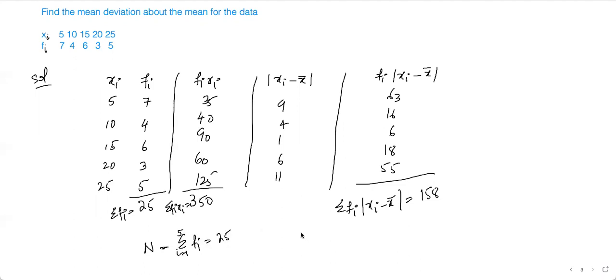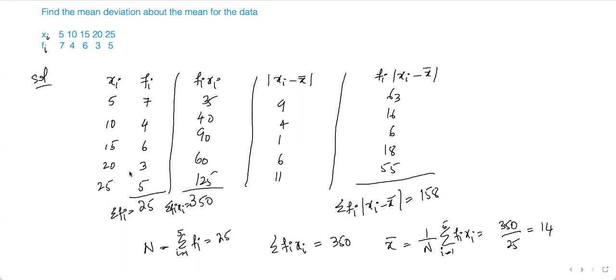The summation of fi xi is 350. And x bar is 1 by n times the summation of i equals 1 to 5 of fi xi. So this is 350 by 25, which is 14.